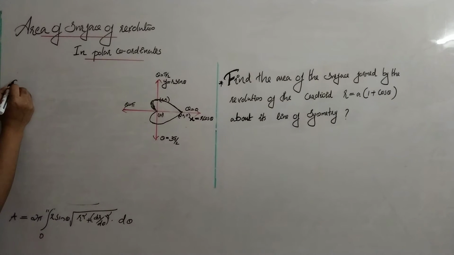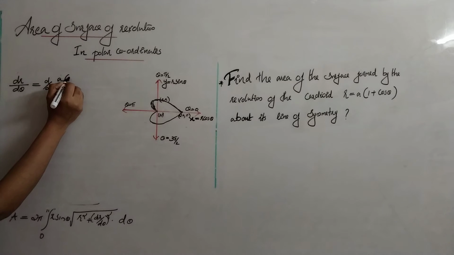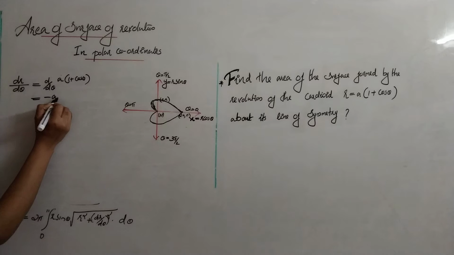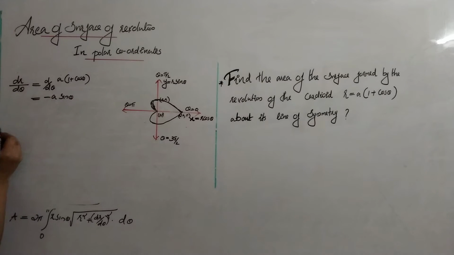Now dr by d theta is d by d theta of a into 1 plus cos theta, that is minus a sin theta. D by d theta of cos theta is minus sin theta.